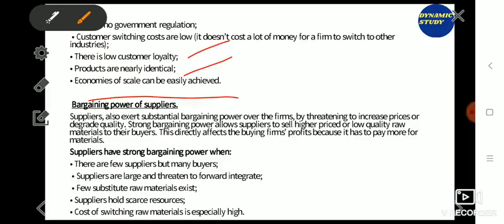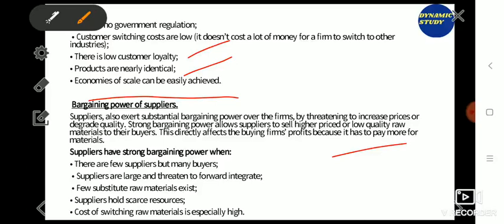Okay, so strong bargaining power allows suppliers to sell higher priced or low quality raw materials to their buyers. The important point here is that if there is bargaining power of suppliers, the suppliers can sell their product at a high price, and with a degraded quality, to the buyers. So this directly affects the buying firm's profit, because it has to pay more for materials.